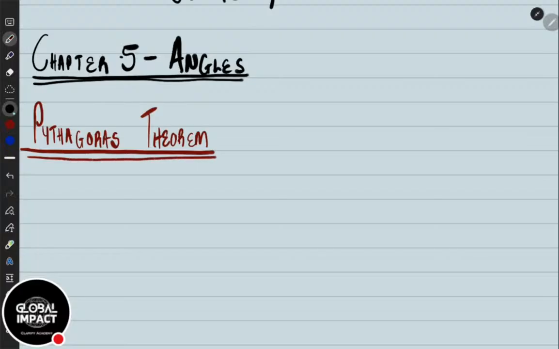The Pythagoras theorem is basically about checking the relationship in a right angled triangle. We want to be able to find a missing side on a right angled triangle.